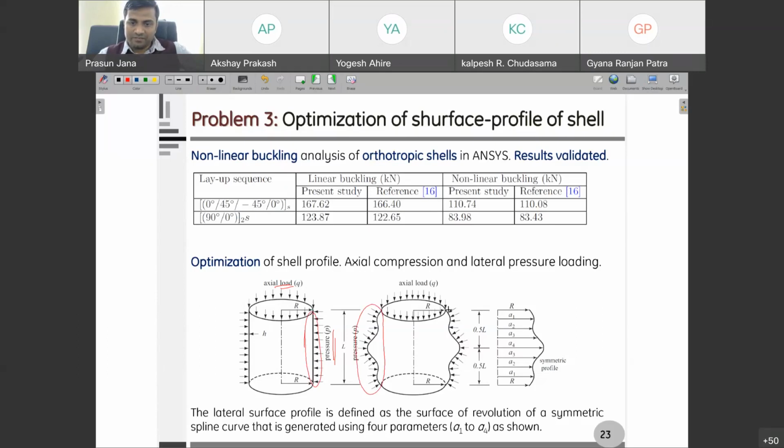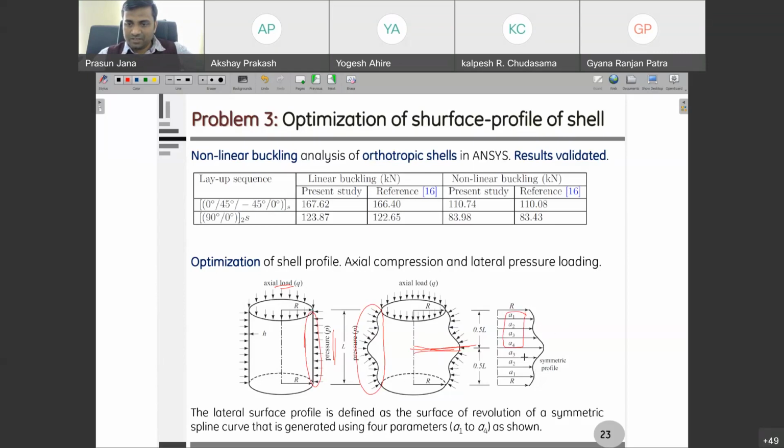To get the outer surface profile of the cylinder, we are using a symmetric profile. The profile is symmetric about the midline, and we are using 4 parameters here, A1, A2, A3, A4.